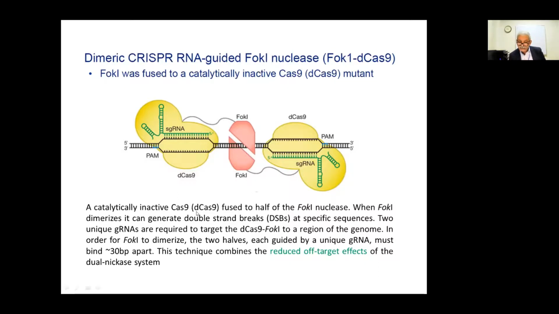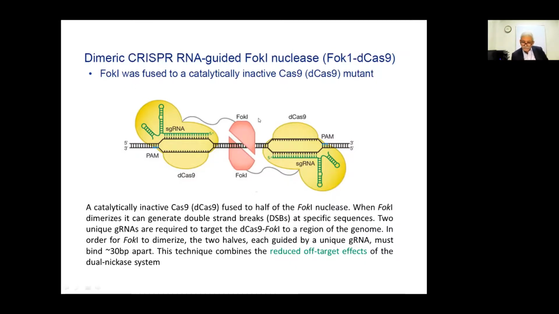So dCas is a defective Cas9. Defective Cas9 means it has no potential to cut the DNA, but fork1 nuclease monomer has been fused with it, so that when it makes a pair with the other gRNA having the other half of the fork1, they can make a double-stranded DNA cut.